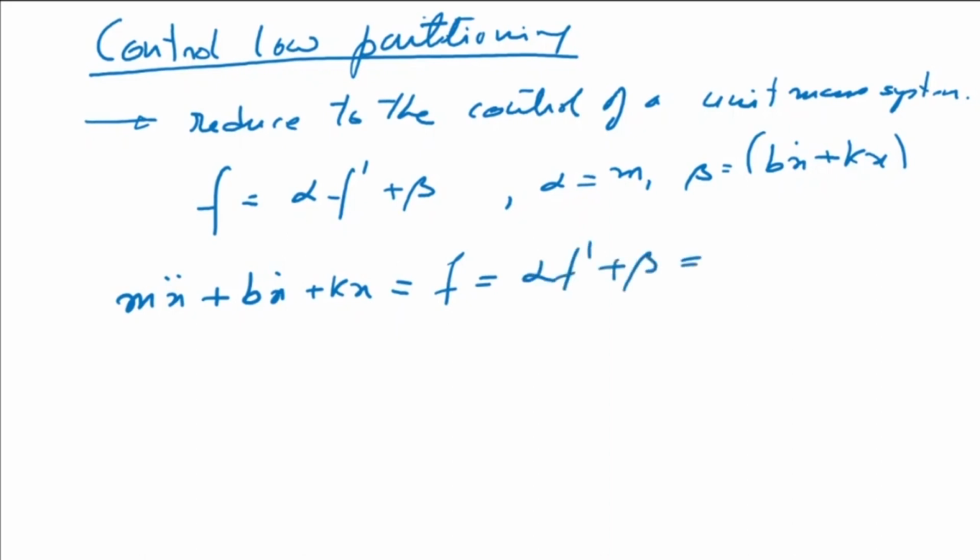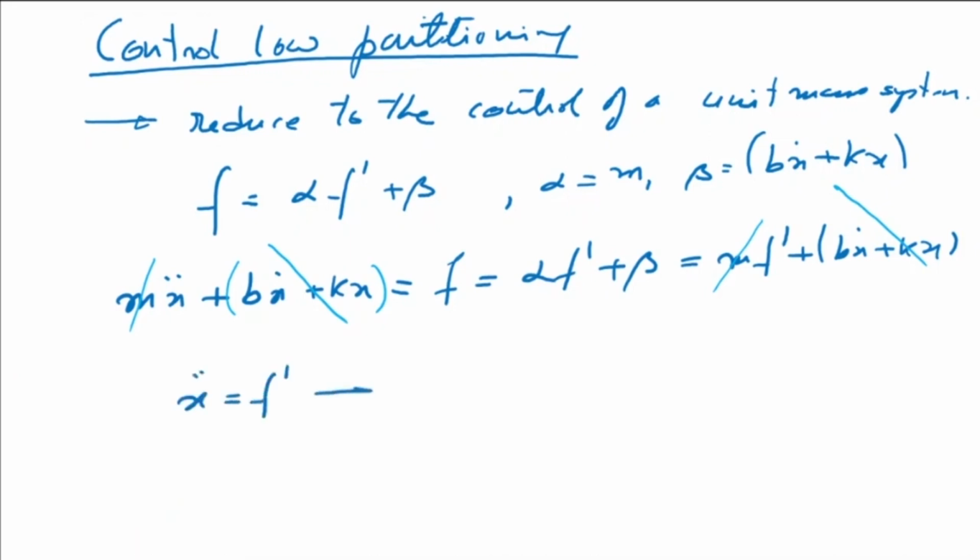If I put in the values, alpha equal to m, F dashed, plus beta equal to b x dot plus k x, some of these terms cancel each other. This term and this term cancel, and the others go as well. What we are left with is x double dot is equal to F dashed. So this is what we mean by control of a unit mass.